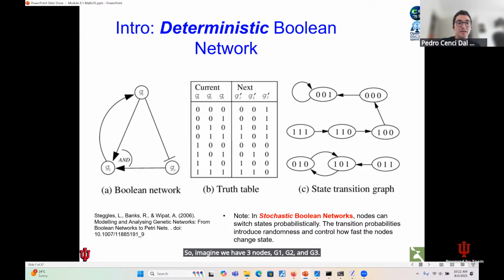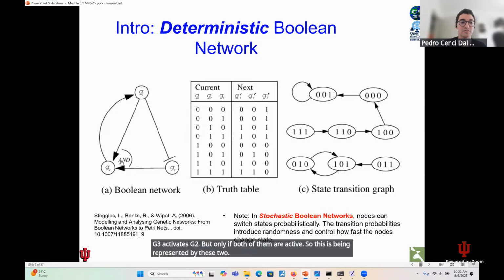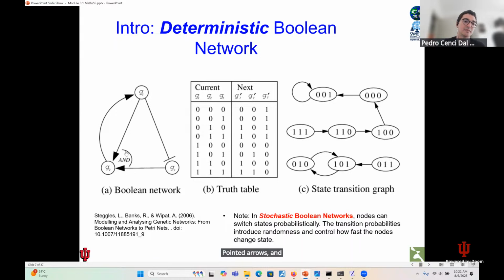G1 activates G2, G3 activates G2, but only if both of them are active. So this is represented by these two pointed arrows, and they say here that they interact like an AND operator. So you need both G1 and G3 active to activate G2.